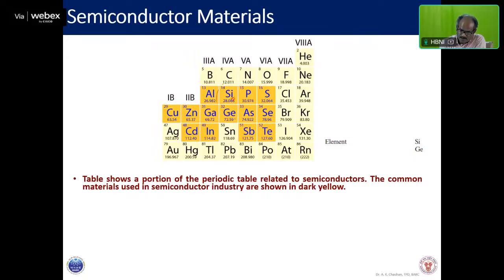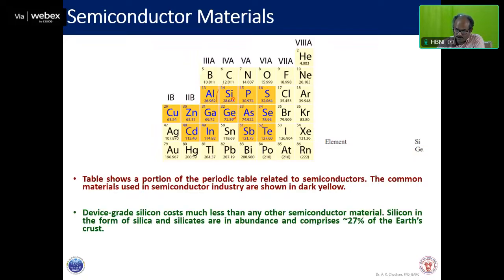Silicon and germanium are two straightforward semiconductors, which by themselves are semiconductors. Then there are other elements on this side and on this side, which are also used in the semiconductor industry.